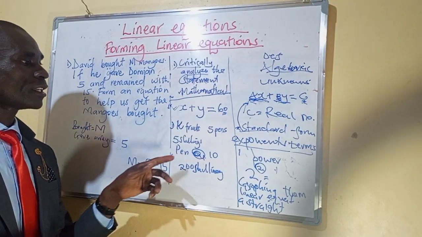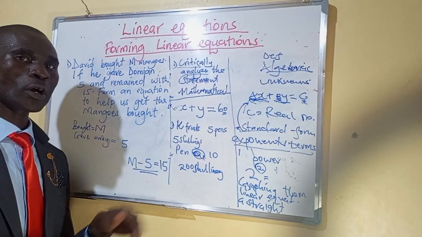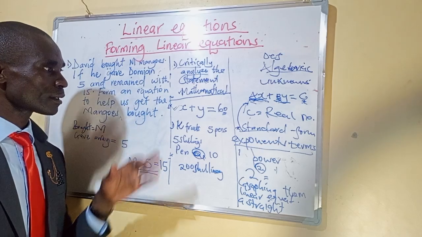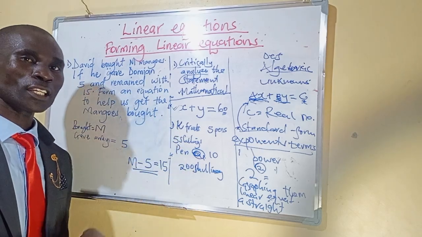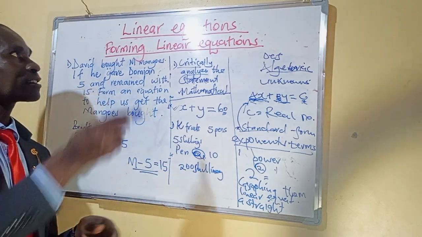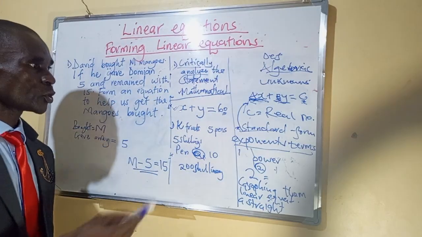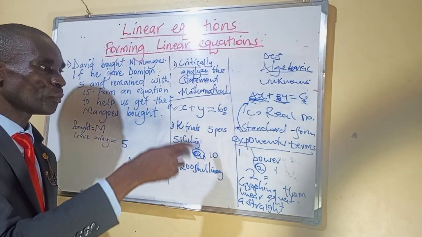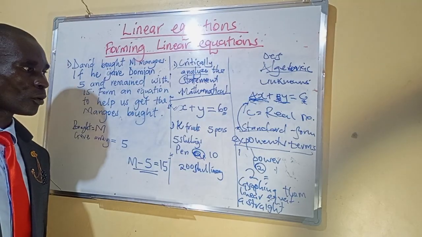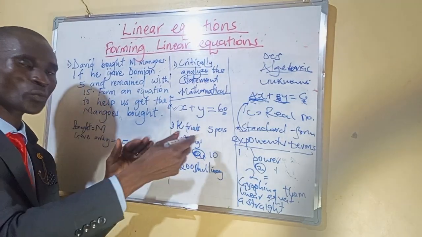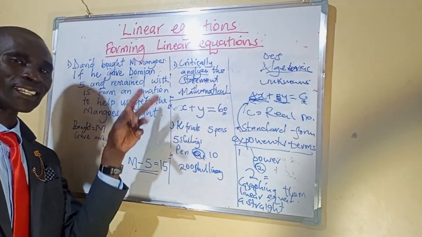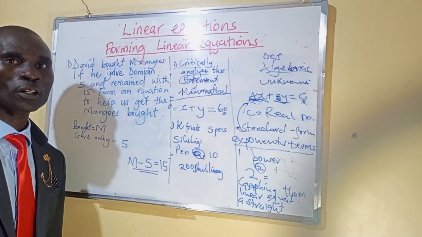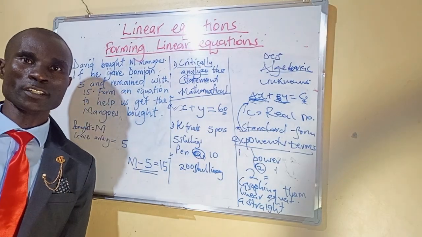Now, at the end of the day, if he had to spend 200 shillings, represent the information in a linear equation to give us the whole picture, to relate the amount spent and the items that they were spent on. I believe you will be able to do it.